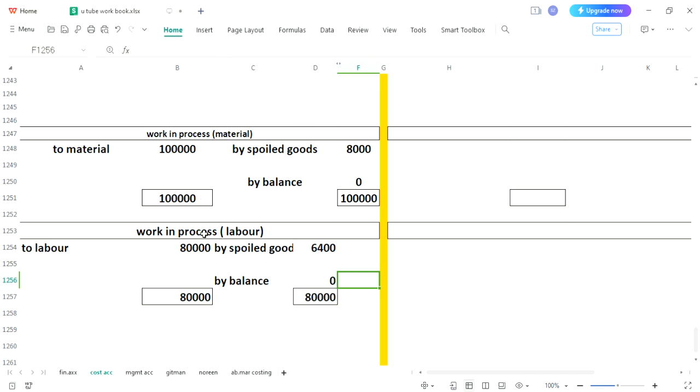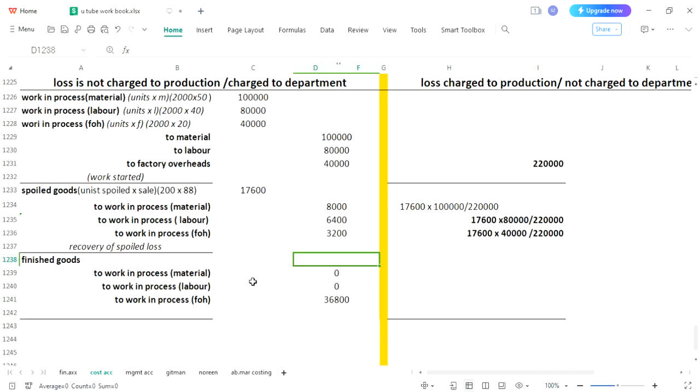I have made two ledgers and you will make three ledgers for work in process material, labor and FOH. The material ledger was made and the answer was put over here. Again the ledger for labor was made, and the answer was put here. And I haven't made the ledger for work in process FOH. Direct amounts can also be calculated.